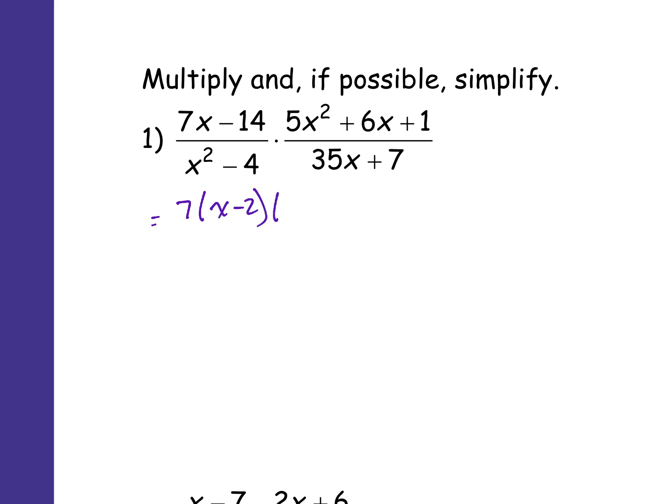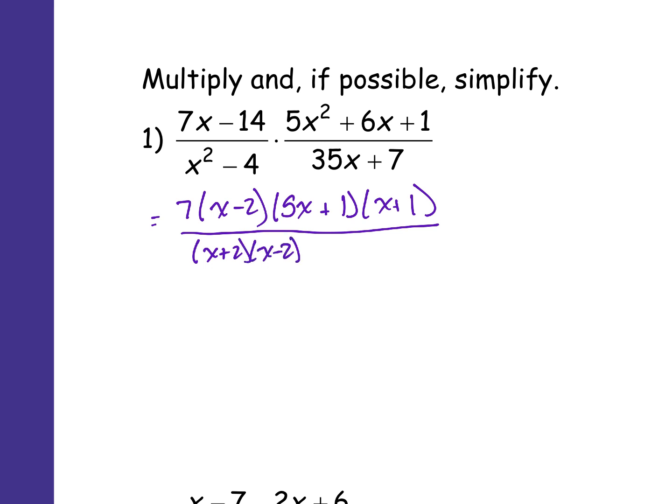And then the second piece, the only multiples of 5 are 5 and 1, and the only factors of 1 are 1 and 1, so that's pretty easy to factor. So that's that. And then the denominator, x squared minus 4, what does it factor to? x plus 2 and x minus 2.